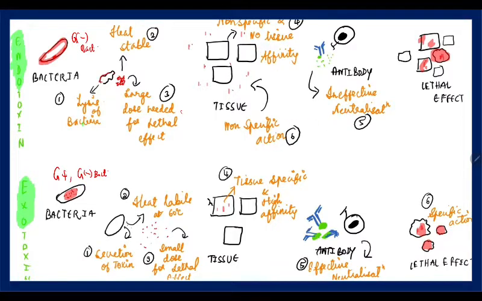Because of this non-specific action, the antibody is also ineffective in neutralization of the antigen. Now, exactly what we have seen, the opposite is true for exotoxin. One other important thing is that usually gram-negative bacteria produce endotoxin, because the endotoxin is itself the lipopolysaccharide.